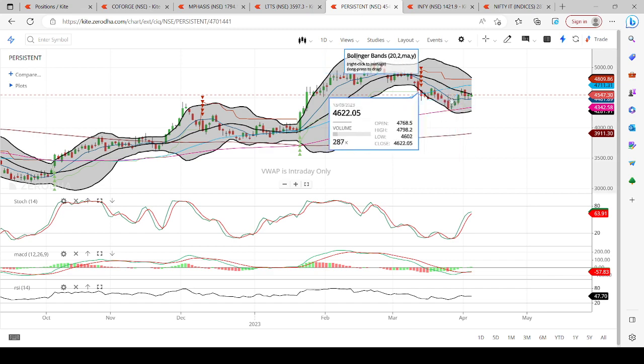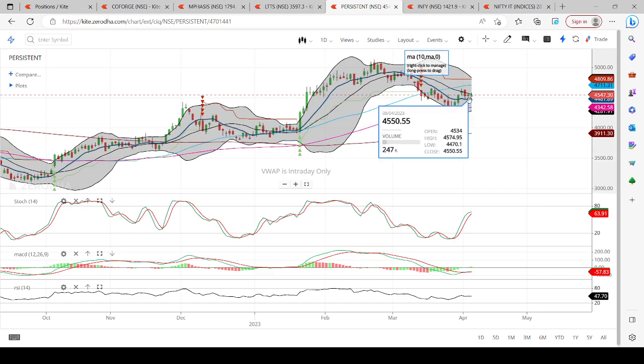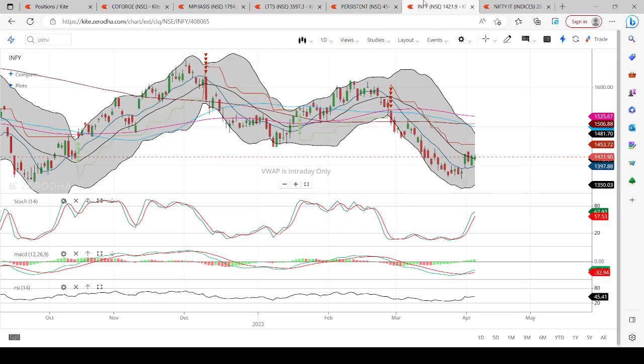Persistent is the same: one day up, one day down, third day exactly on the 20 moving average, and the fourth day also exactly on the 20 moving average. So we may see a breakout in these 2 scripts.